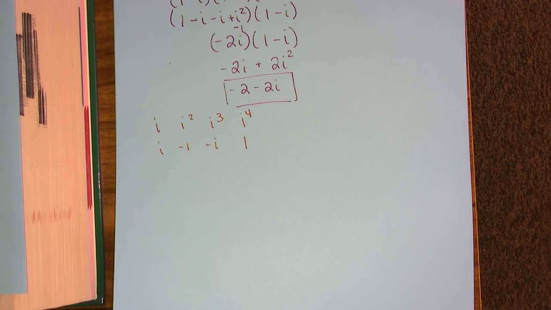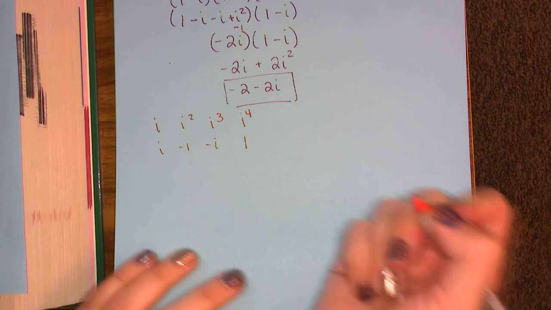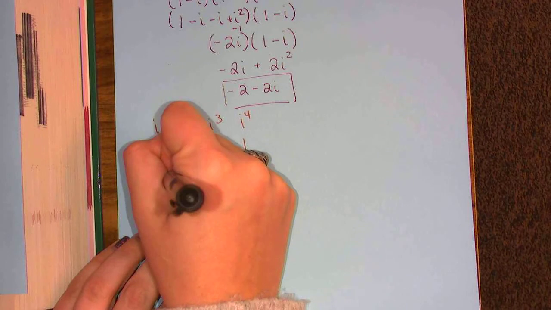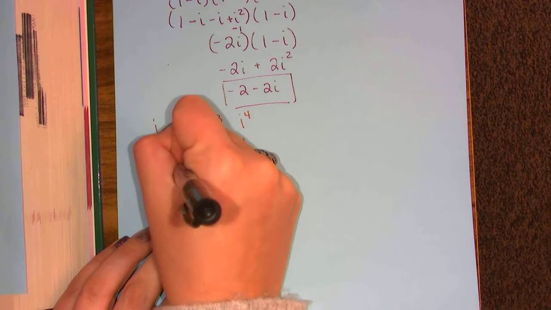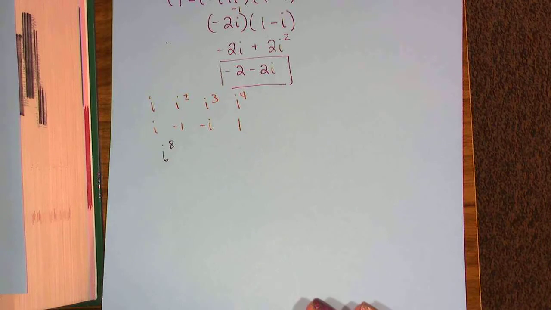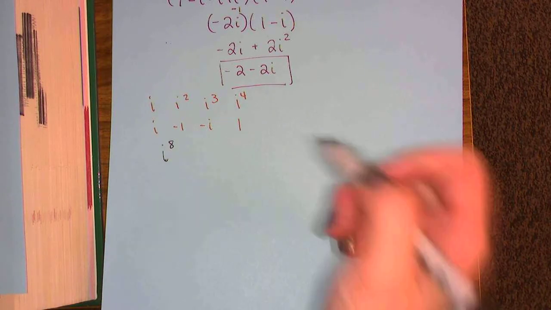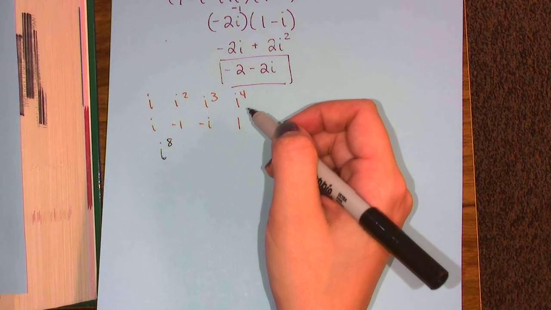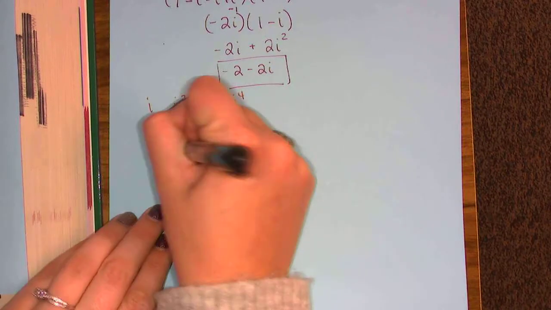What would it be? Okay, here's why. So, start with an easy one. I to the 8th is really what? I to the 4th times I to the 4th. Which is just 1 times 1. So that's just 1.